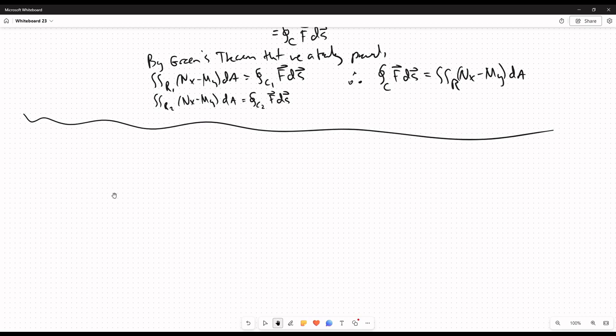But what if you can't split it up into a finite number of regions that are nice? What if we can't split it up nicely?